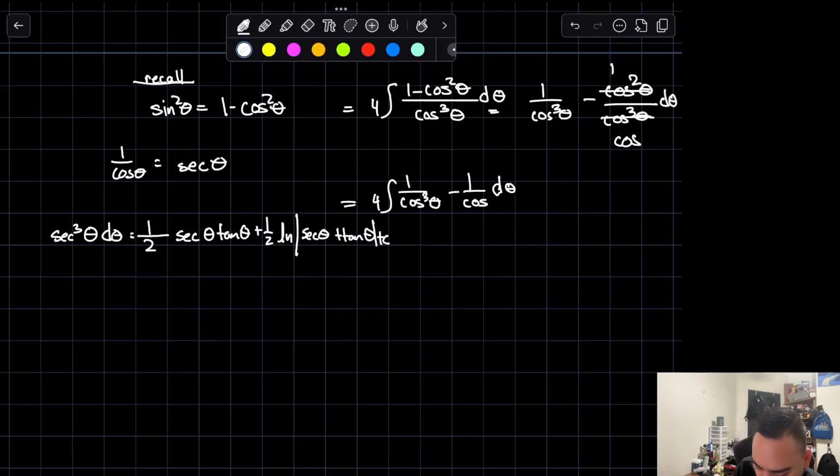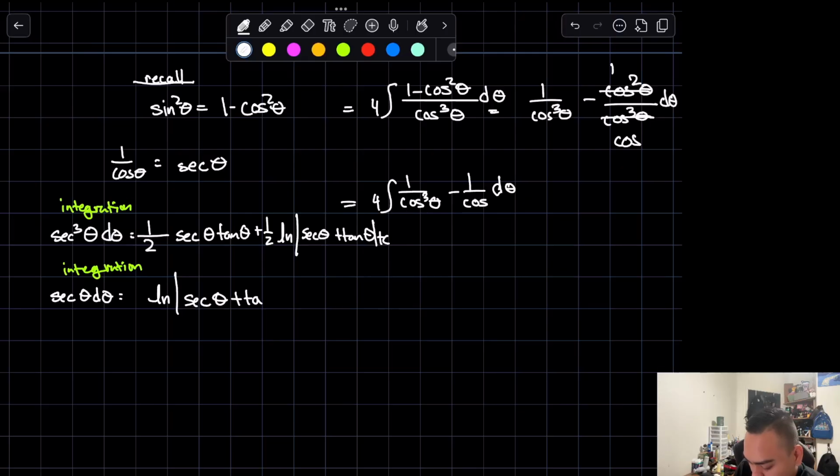I'm just listing the properties right now that we're going to use. And secant theta, once you integrate it, is going to become ln secant plus tan plus c.